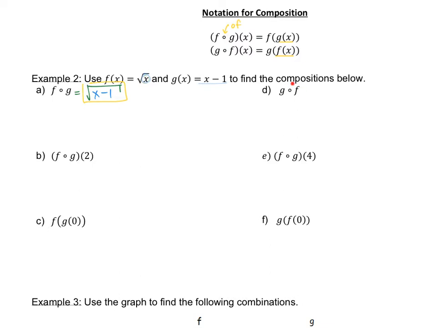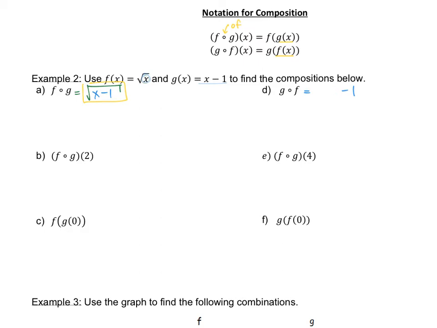For the next part, for g of f, you're plugging f into g. So if you go to the g function here, notice that x is right here and there's a minus 1. So instead of this x, what you're going to be doing is plugging in this square root of x. That's what f is. So we're going to make an outline. Our g function is x minus 1, but we're not going to write this x anymore.